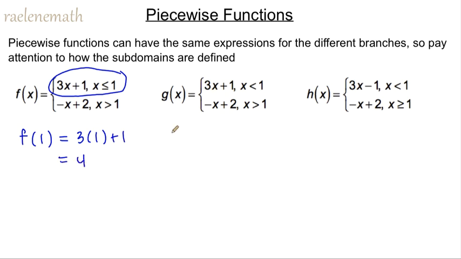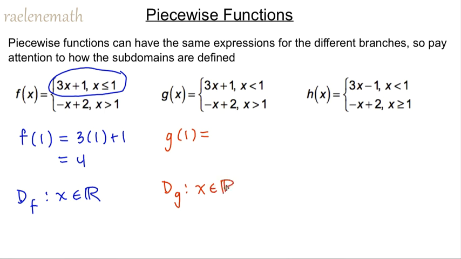Meanwhile, for the g of x graph, when we want to substitute 1 into the function, x equal to 1 is not part of the domain at all, whereas it was part of the domain of the first function. In fact, the domain of f is all real values, but the domain of g is all real values except for 1.